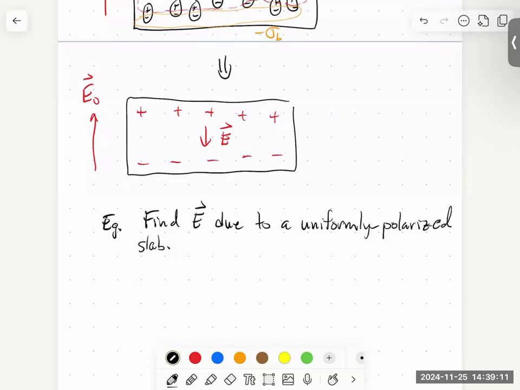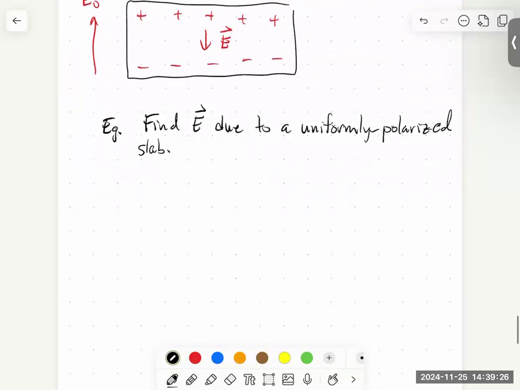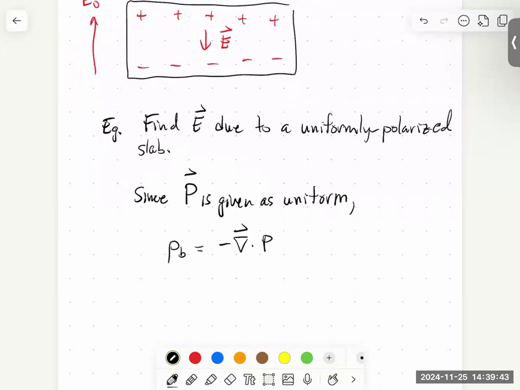If I say uniformly polarized, right away what you should be thinking is that if P is uniform, it has zero divergence, so there's no bound charge density. Since P is given as uniform, that implies that rho_B, which is minus the divergence of P, is equal to 0.